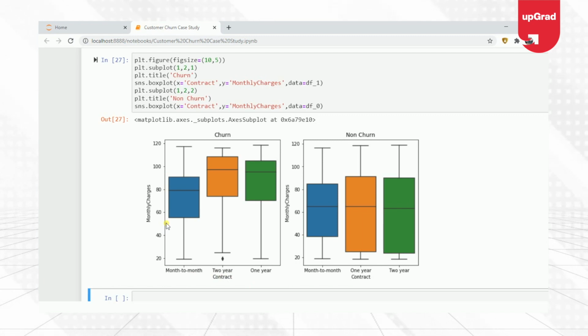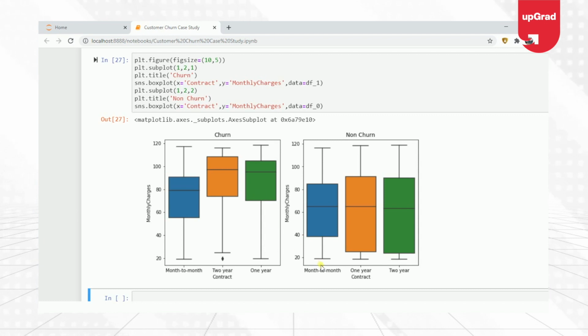Whether the people are from a month to month contract, 2 year contract, or 1 year contract, if you look at the quartile range here, they are spending more than 50 or 60 dollars in the monthly charges.